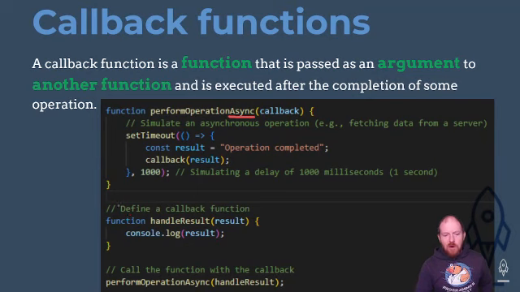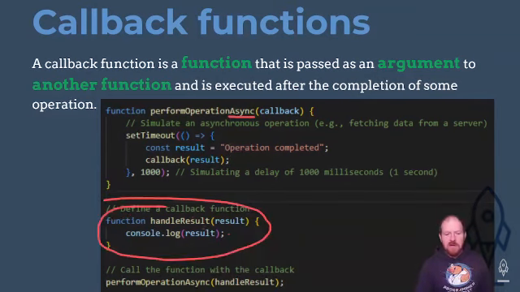So when you call a callback function, you're just going to do a console log. That's all this is. And then you're going to pass this function in as an argument, which gets picked up as a parameter, and then it actually gets called right there.